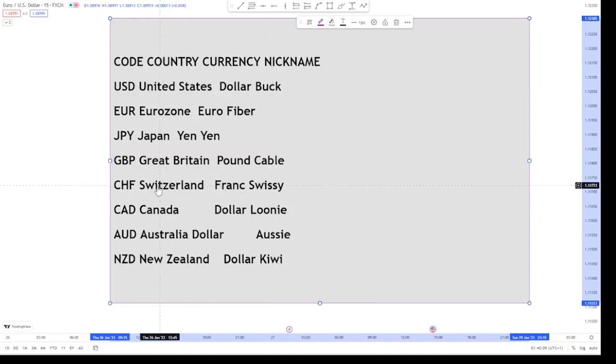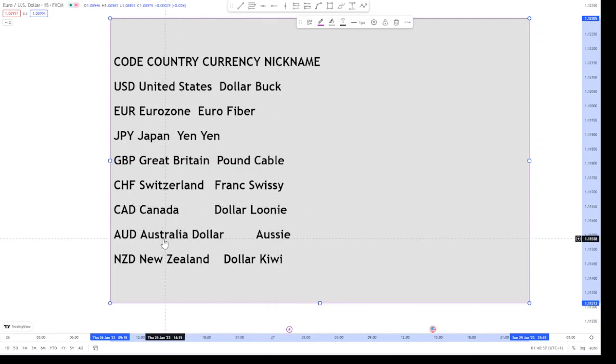In Switzerland, the code for the currency spent there is CHF, and the name for that currency is franc, and the nickname is Swissy. In Canada, the code is CAD, the currency name is dollar, and the nickname, we call it as forex traders, is Looney.